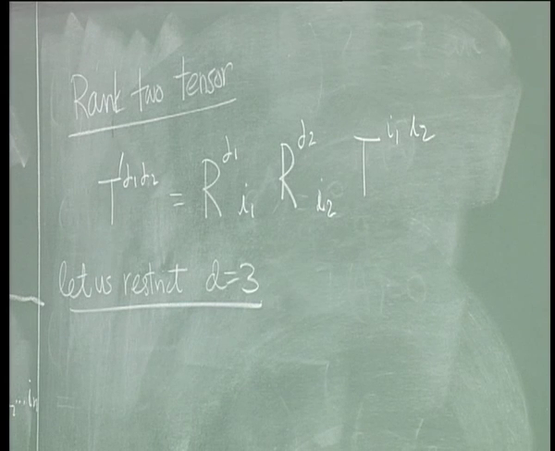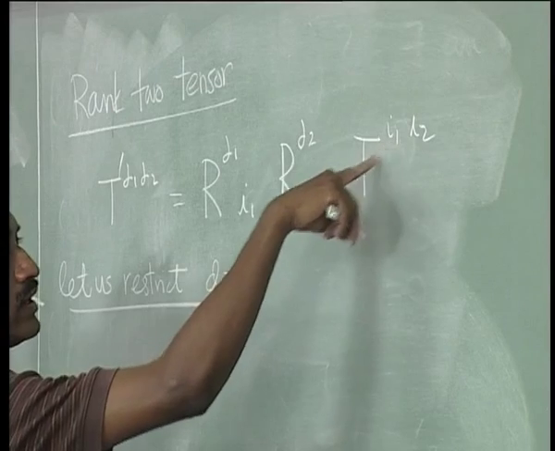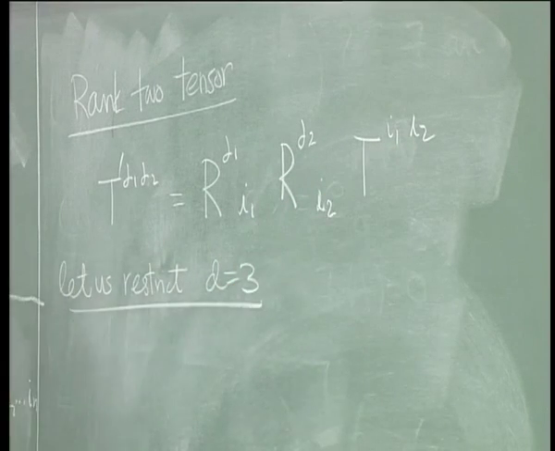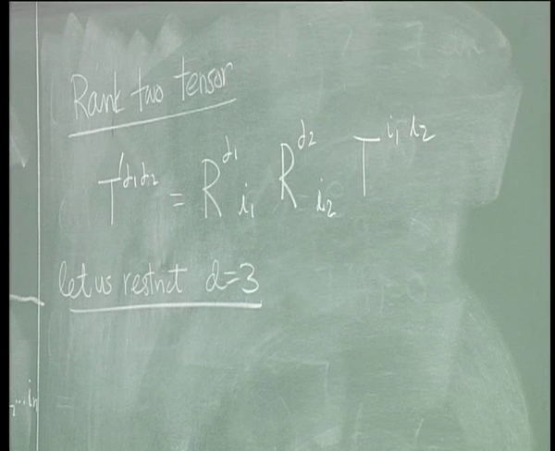Okay. Now comes the neat stuff. So, in a typical tensor here, I1 can take 3 values, I2 can take 3 values. So, the total number of components would be 9.